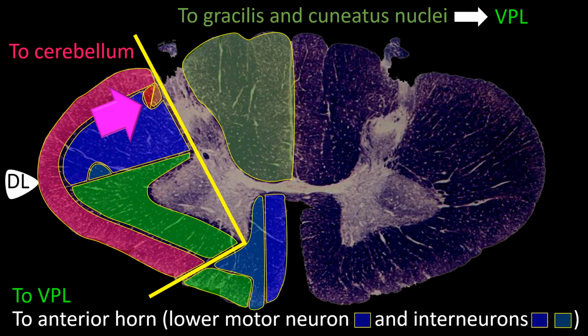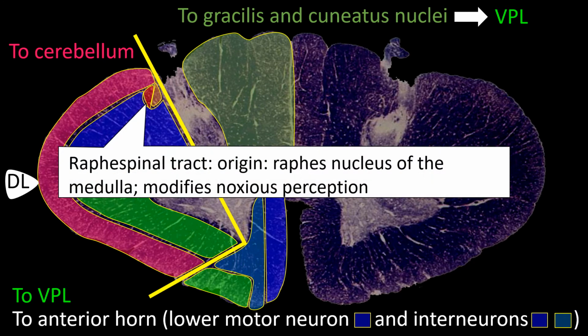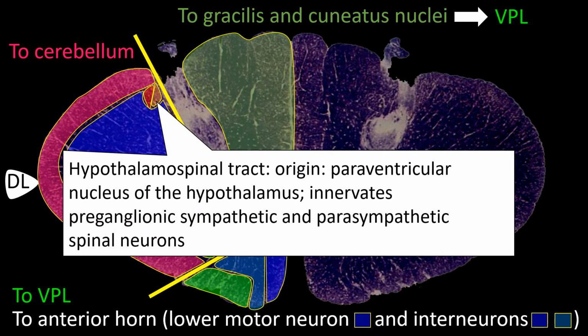Two other tracts are mentioned in Barr's book as traveling in this area. The raphespinal tract, originating in the nucleus raphe magnus of the medulla. This tract is believed to modify noxious stimuli, and the hypothalamospinal tract.